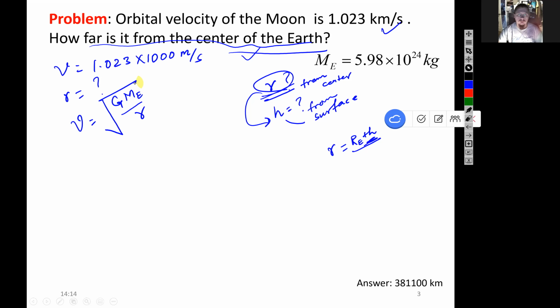That's right. So since we are looking for R and it is under the square root, it's a good idea to square both sides and get rid of that square root, right? Now we can solve for R. So we know everything. Mass of Earth is given there, and G you can find anywhere. I think that's 6.67 times 10 to the power negative 11.